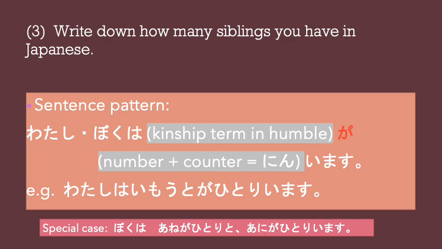So when you are done expressing how many brothers and sisters you have, I also want you to try how many uncles and aunts you have. Okay, pause the video here too and complete section 3.